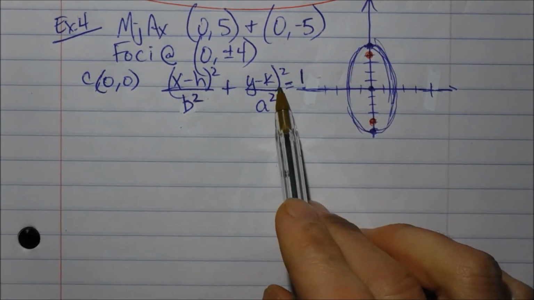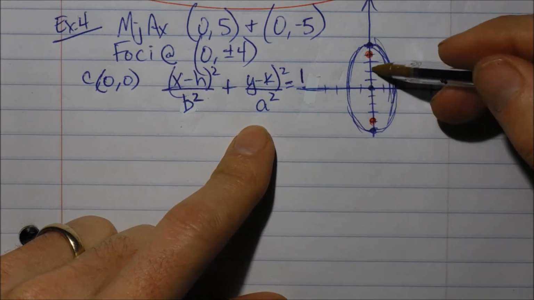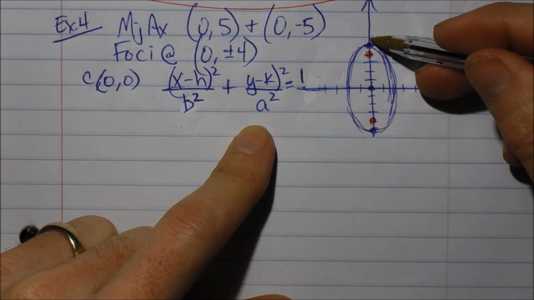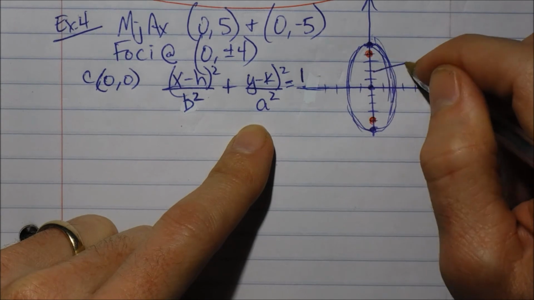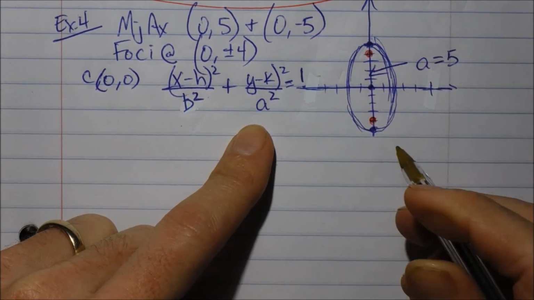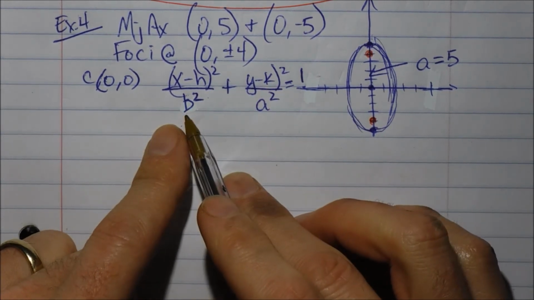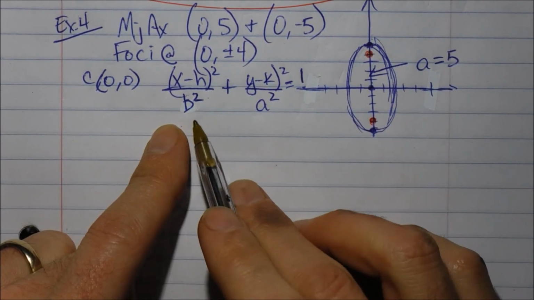What we need is the h, k. Got it. Do we know the a value? Yes, from the center out to a vertex along that major axis, the a value is 5. So I've got the h, k and the a. Do I have the b? No. That's the only one I'm missing.